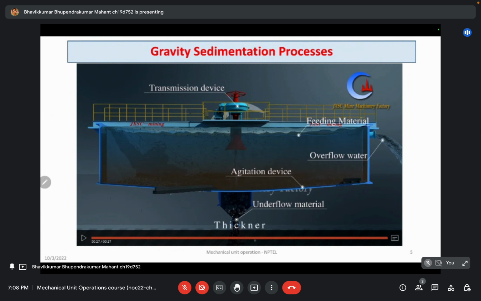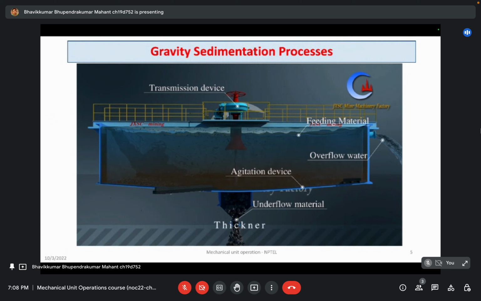At the end, below, the underflow material consists of sludge, heavy sludge, a very thick liquid. This is just a small animation of how this process takes place. Going into more conceptual detail, these small details you need to take care of.